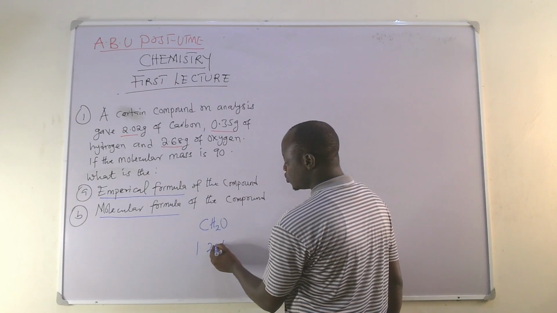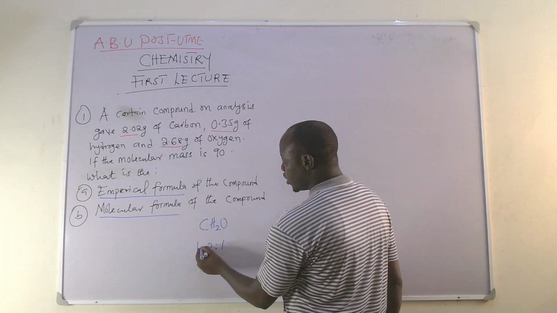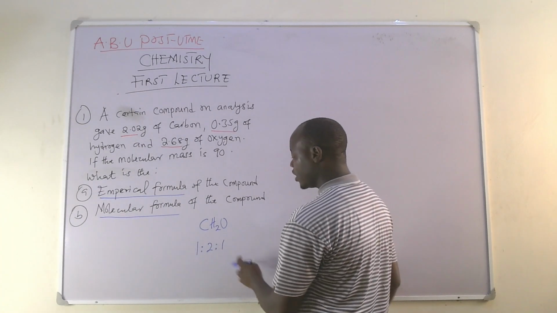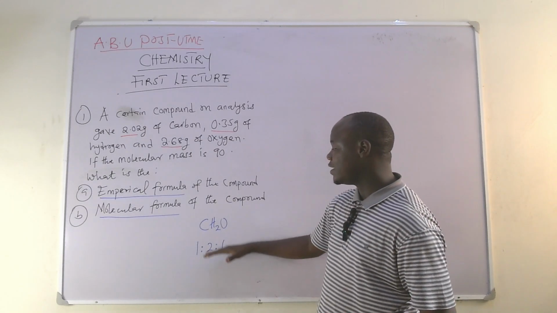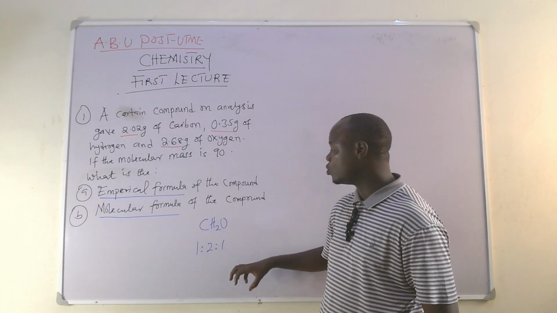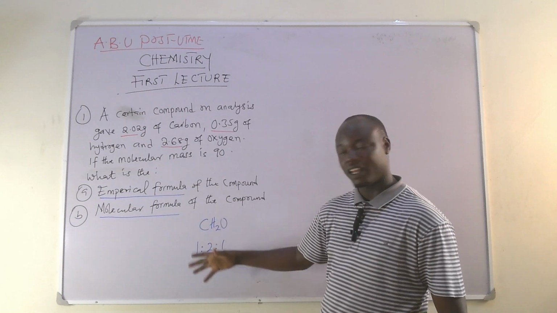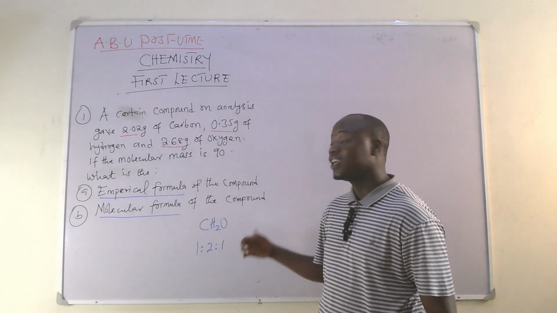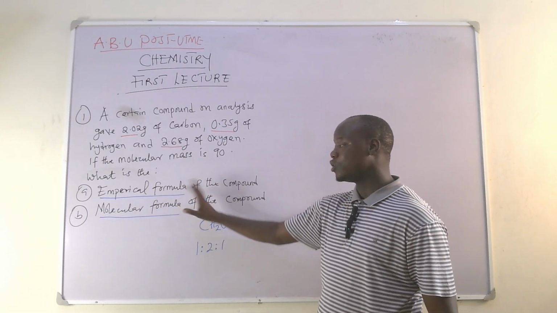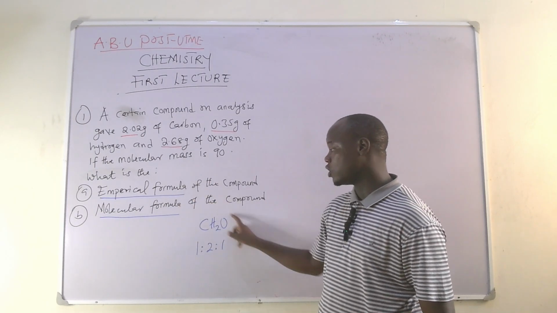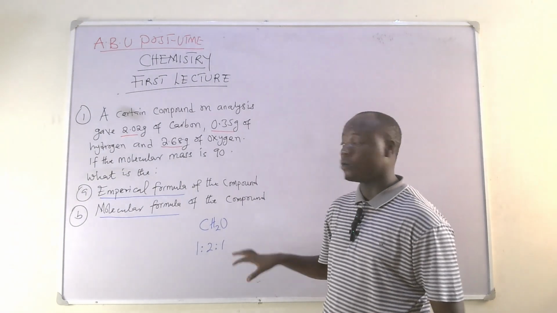So we can say the ratio is 1 is to 2 is to 1. This is the exact ratio of the elements present in the compound, and that is what describes the empirical formula.